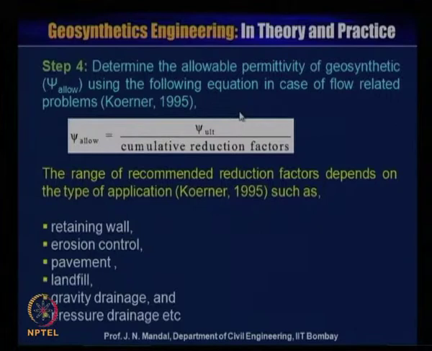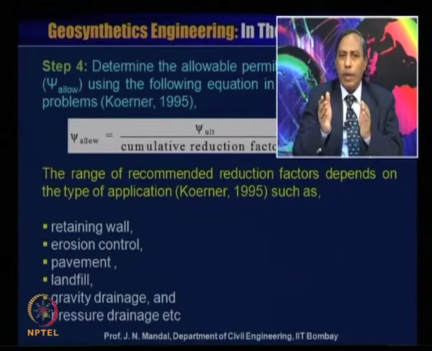Now step 4, determine the allowable permittivity of the geosynthetic, psi allowable, using the following equation, in the case of flow related problems, Koerner 1995. Because you know the ultimate permittivity, you have to calculate the allowable permittivity. So psi allowable is equal to psi ultimate divided by the cumulative reduction factor. This cumulative reduction factor depends upon the type of application.